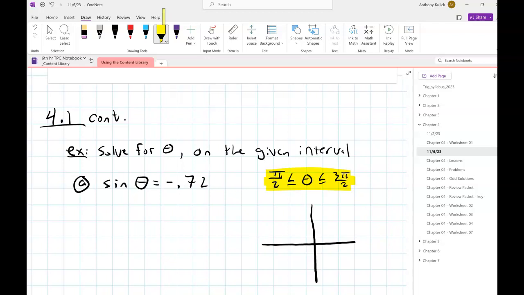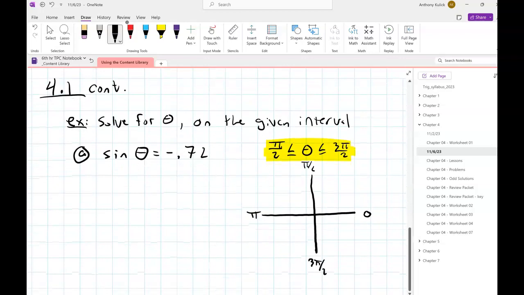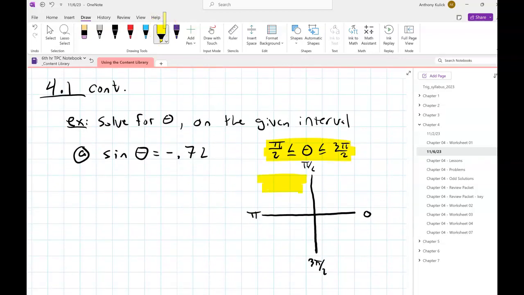What 2 quadrants are covered by pi over 2 to 3 pi over 2? Yeah, so if I remember, every 90 degrees is a pi over 2. So between 90 and 270, that's quadrants 2 and 3.